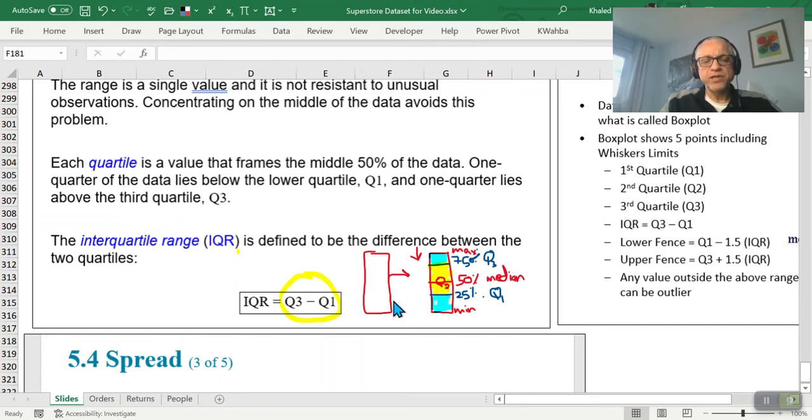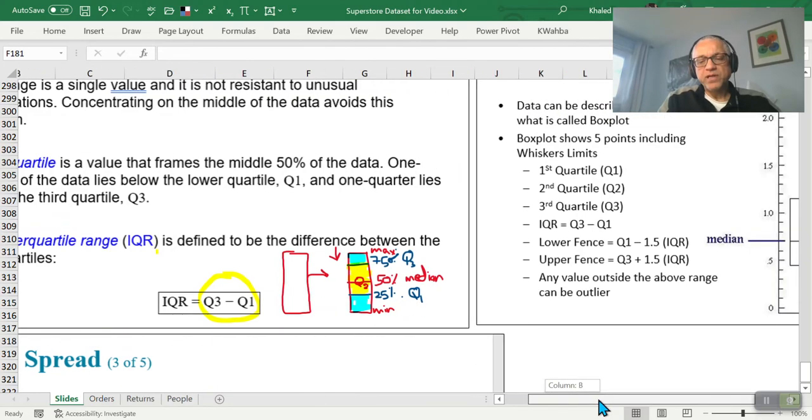This yellow box looks like a box, right? If this box is wider or narrower, irrespective of the size, it still has 50% of the data. But whether it's wider or smaller, it indicates how the data are spread inside your data set.